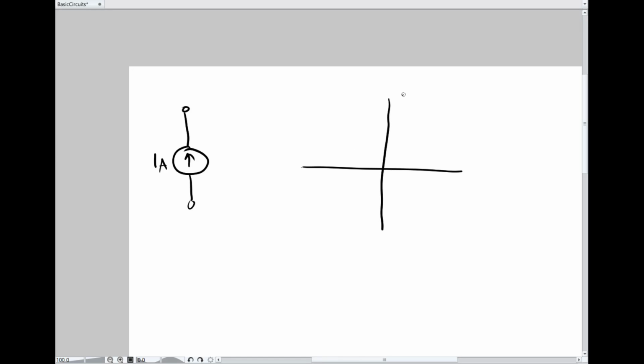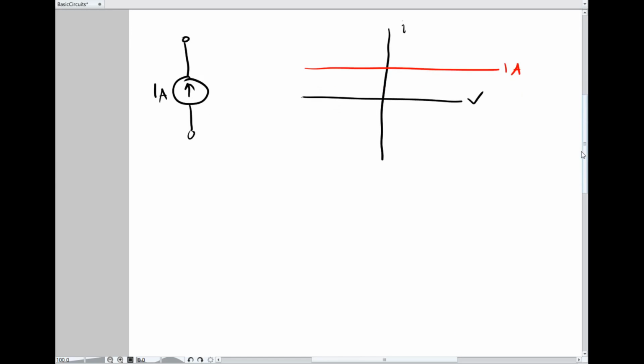So labeling this I and V, the voltage could be absolutely anything. I have to solve the whole rest of the circuit to figure out what the voltage is. So remember, independent current sources tell you nothing at all in themselves about what the voltage across them is.